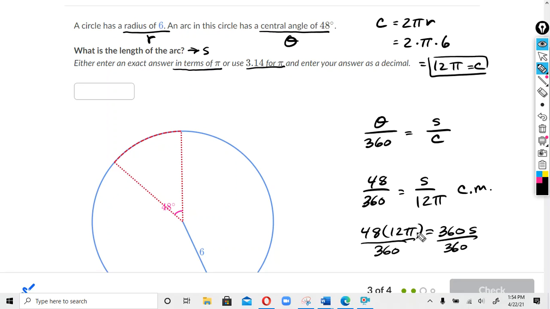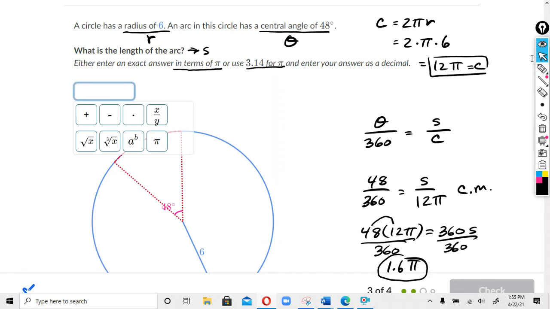Again, we left pi alone, so I'm going to do 48 times 12 divided by 360. And I get 1.6. And I still have pi. So it's just 1.6 pi. You can type pi, or you can click the pi symbol.